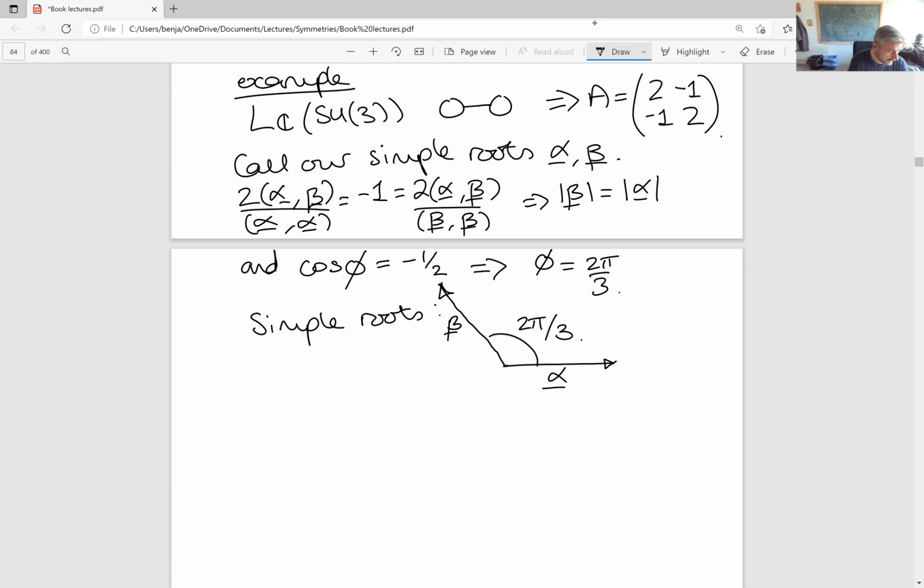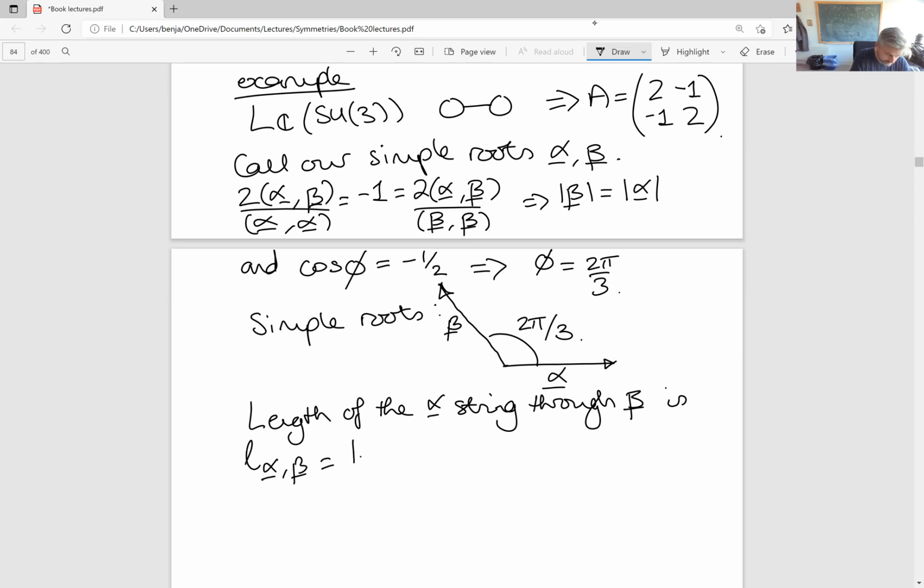Okay, so the length of the alpha string through beta, L alpha comma beta, is, remember, 1 minus 2 (alpha, beta) over (alpha, alpha). And so this fraction is -1.